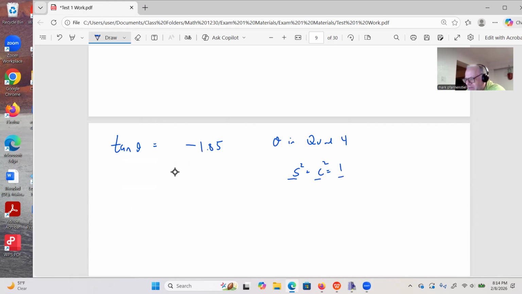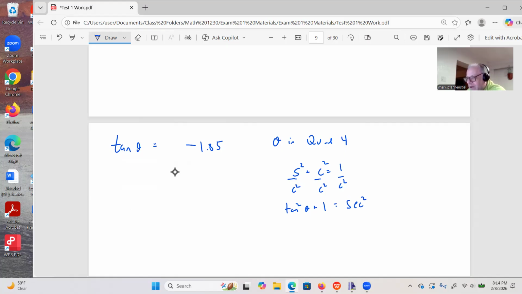I'm going to divide everybody by cosine squared. So sine squared over cosine squared is tangent squared, plus 1 is equal to secant squared. So tangent squared plus 1 is equal to secant squared, and that's a plan.